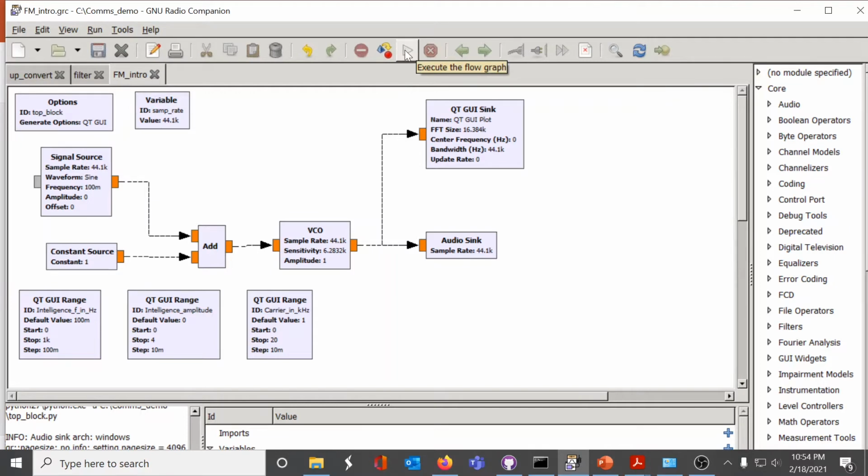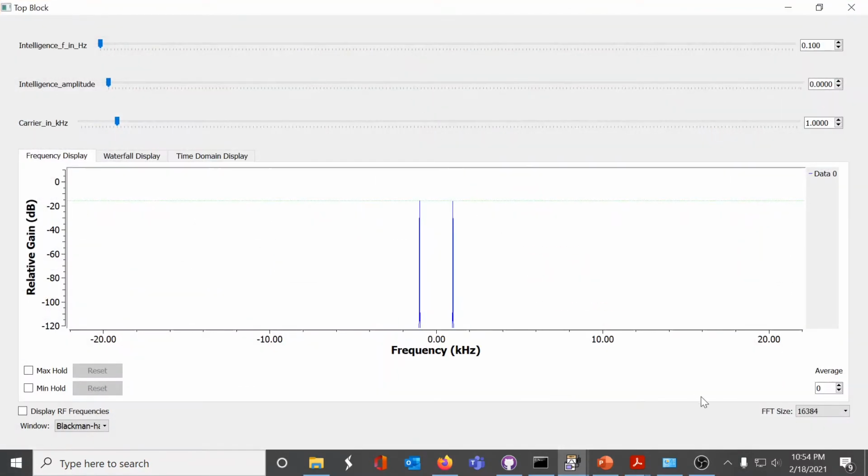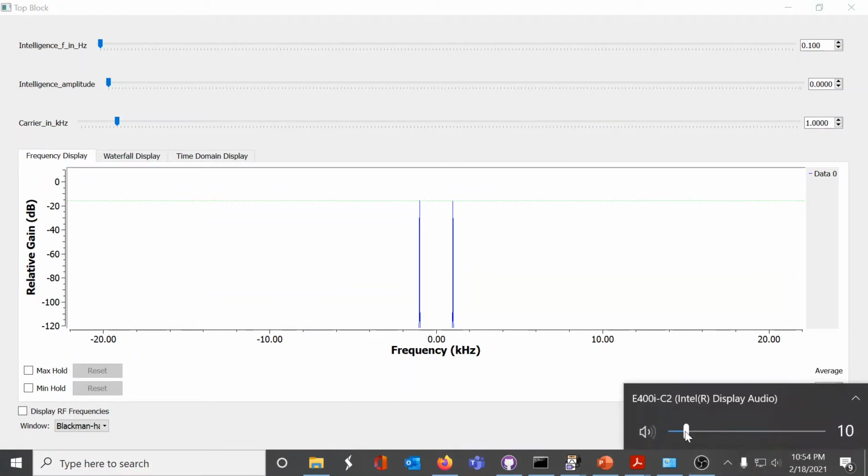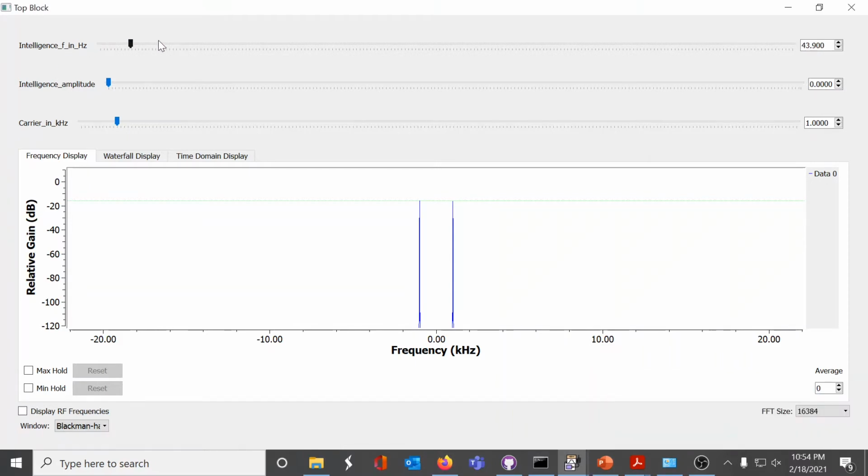Go ahead and start the flow graph. There's the tone. Let me mute that for now, though. These sliders up above allow us to change the frequency to anything we desire. So to get started, let's set the carrier to 5 kilohertz.